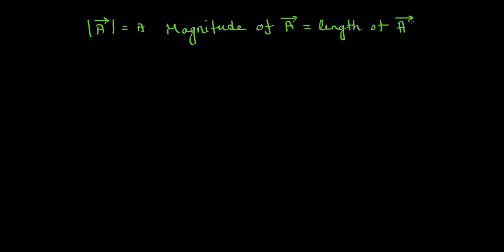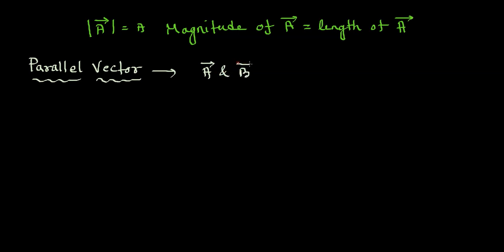Now we understood equal vectors. Now we need to learn what a parallel vector is. Suppose we have two vectors, vector A and vector B. These two vectors will be parallel if they satisfy two rules.